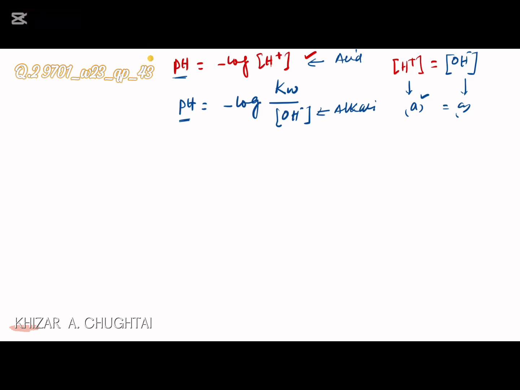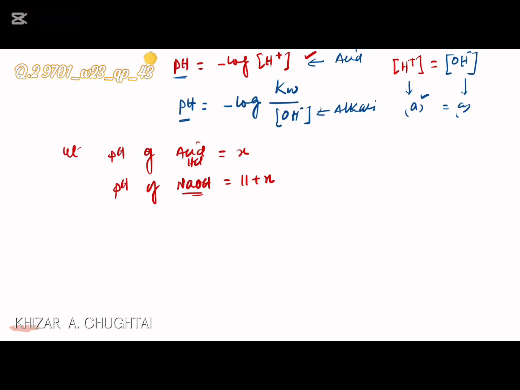The difference between these two pH is equal to 11. So, let the pH of the acid be X, and the pH of NaOH, the alkali, is 11 plus X.